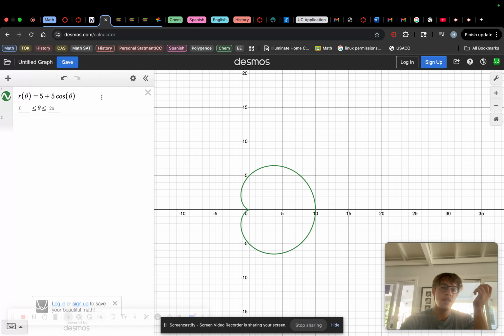All right, now we can divide both sides by 5, which will get us 1 equals cosine theta. And now we're going to have to inverse cosine theta.